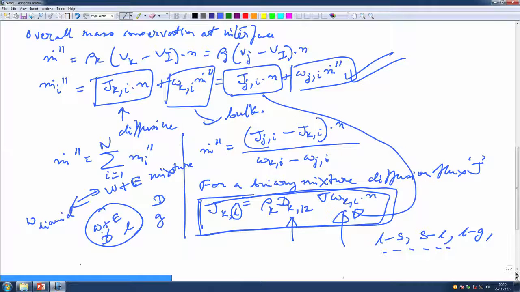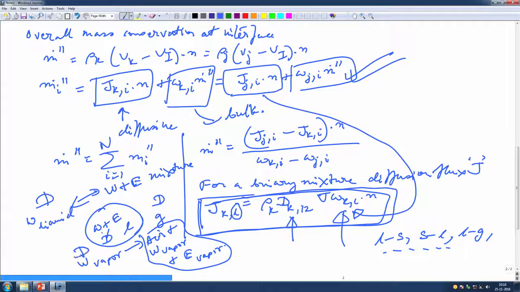On the other hand, water vapor in the vapor phase is diffusing in air plus water vapor plus ethanol vapor. So, it is diffusing in all three of these. So, the diffusion coefficient this D and this D are very different, they are not equal to each other. That is what we mean.